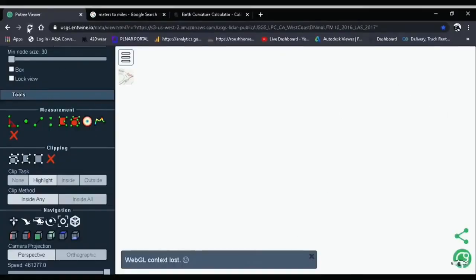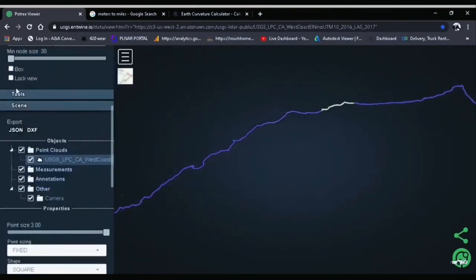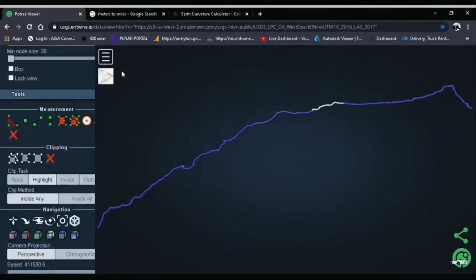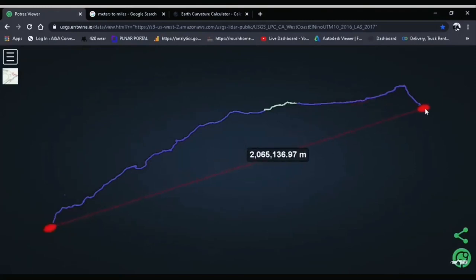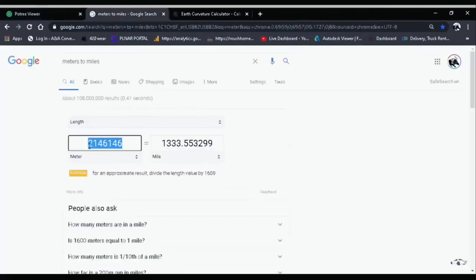But the interesting thing is when you look at it from the side, which we'll do here, you can see, well, there should be a lot of curvature, shouldn't there? There should be a lot of curvature. 2 million meters, and we'll calculate that here and see if we see that amount of curvature. And we'll calculate it's 1,283 miles.